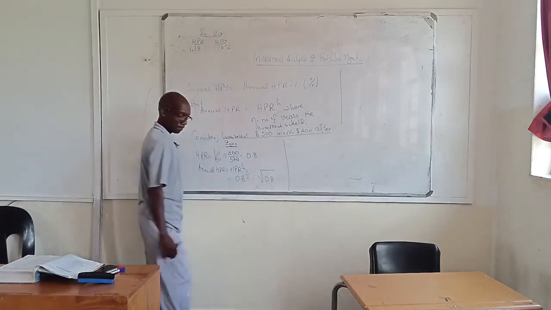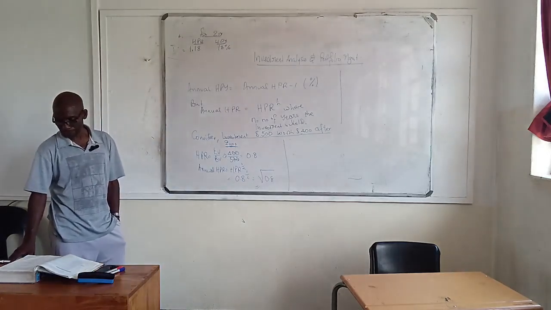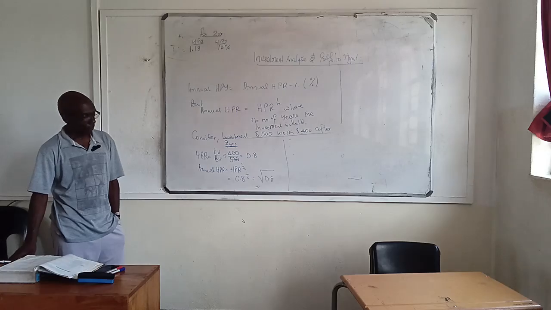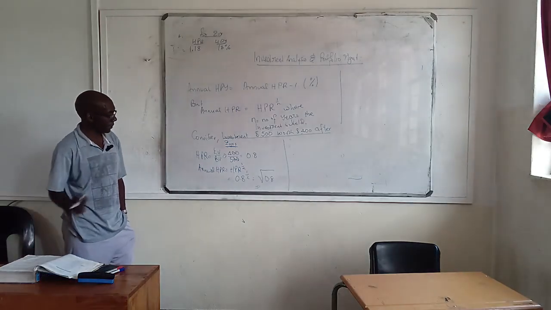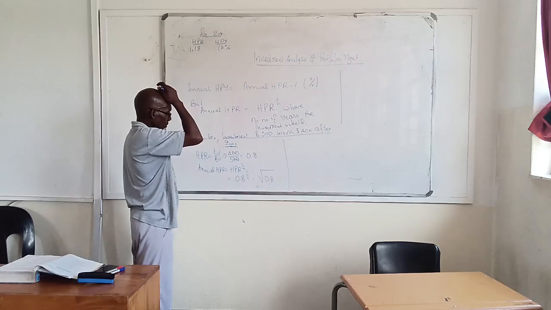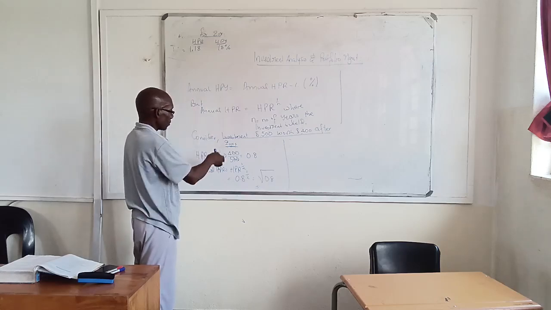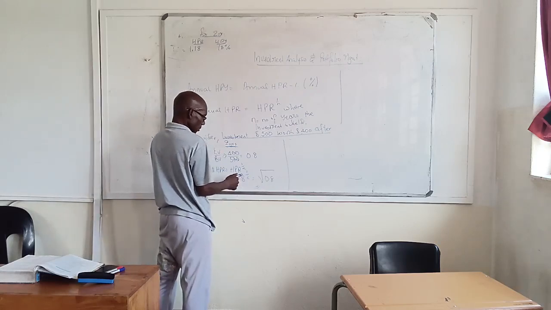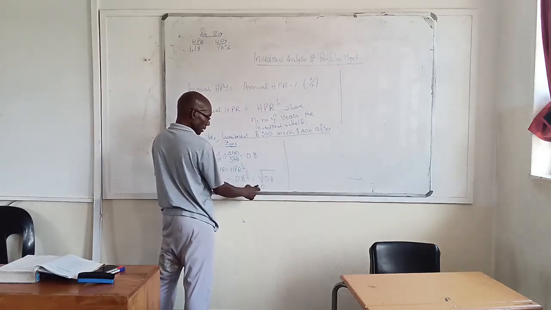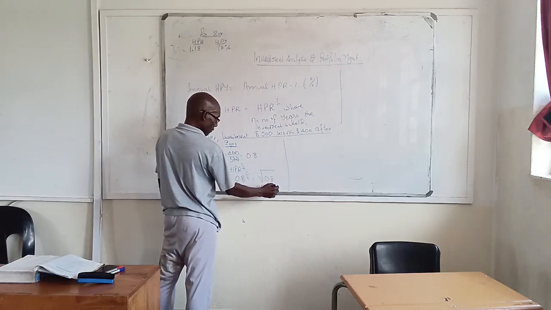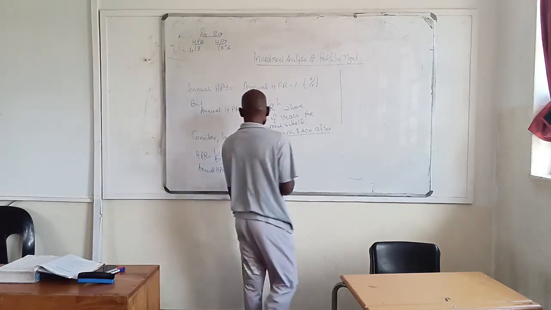What is the square root of 0.8? The square root of 0.8 is 0.8944.